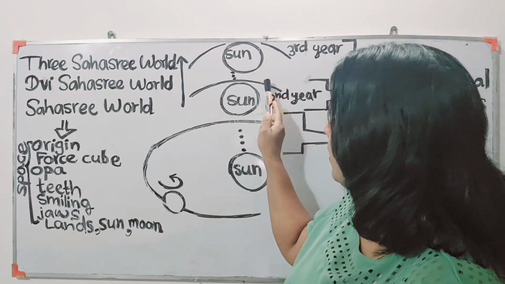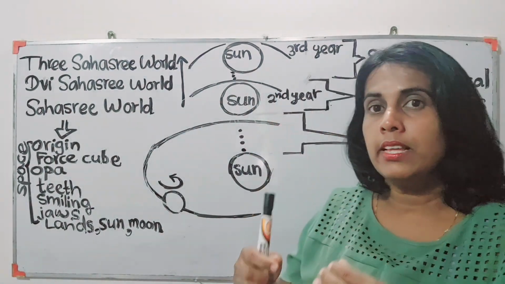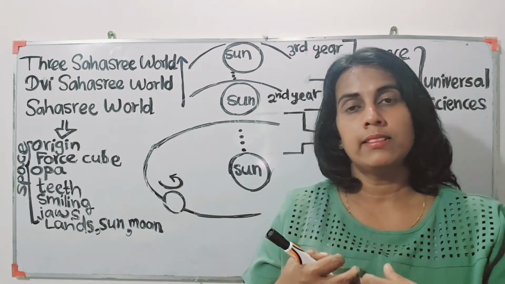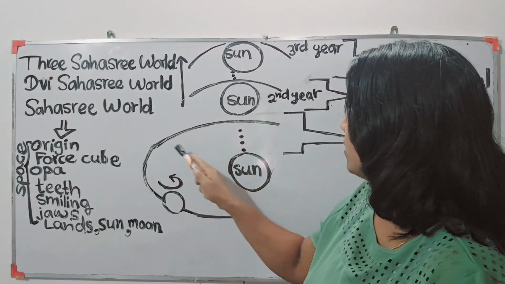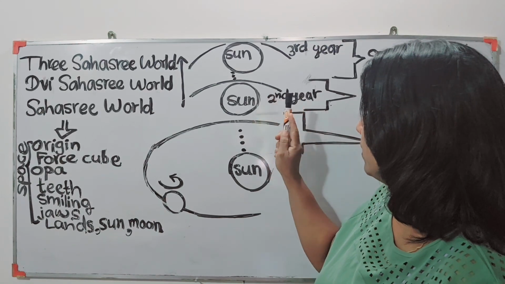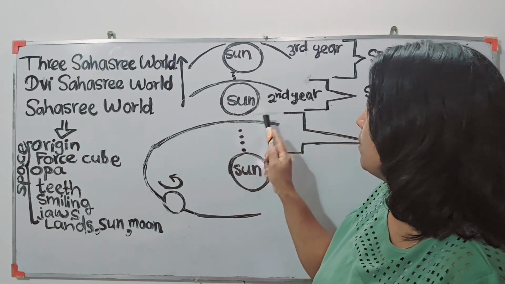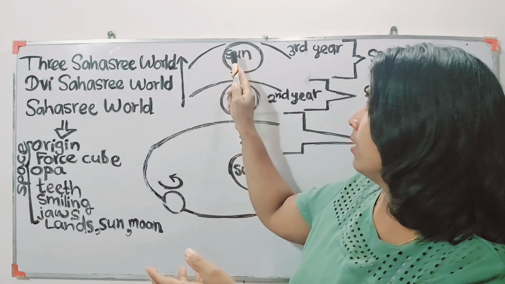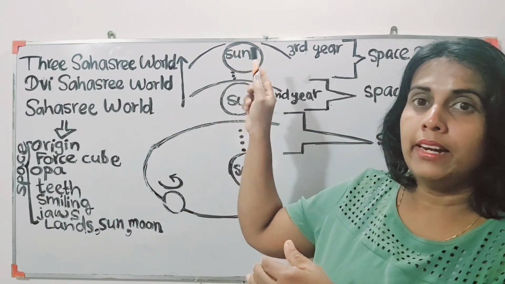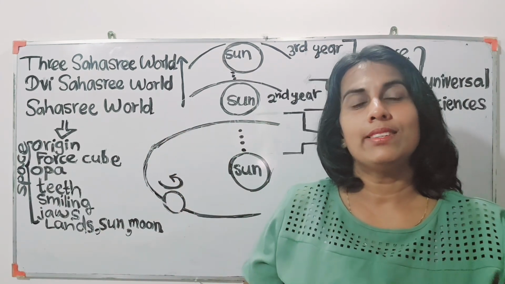And then around this sun also the earth rotates by releasing the energy, or the universal sciences, of the human brain. At the end of one year, at the end of the second year, it releases the full energy of the brain and it connects to the third sun. And then it goes round like that. Every year we go upward, towards the universe's origin.